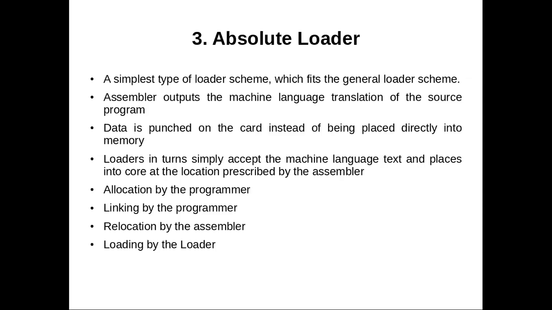So it is the simplest loader and it follows the general loading scheme: the output of the assembler is punched on cards, called the object deck, and this is received by the absolute loader and loaded into the memory at the address specified by the programmer. Absolute address means the exact address mentioned in the assembler program by the programmer, not anywhere else. So it can only perform the loading task.